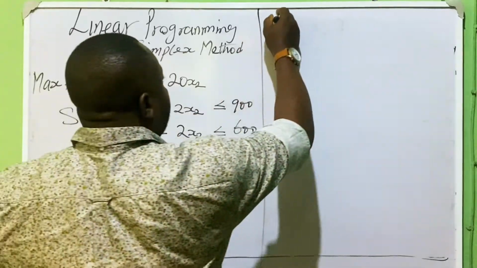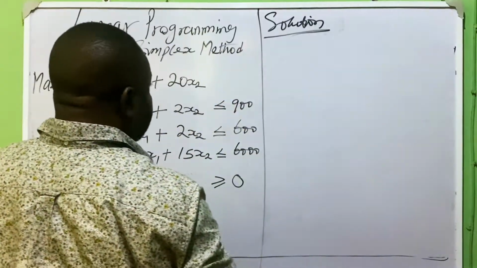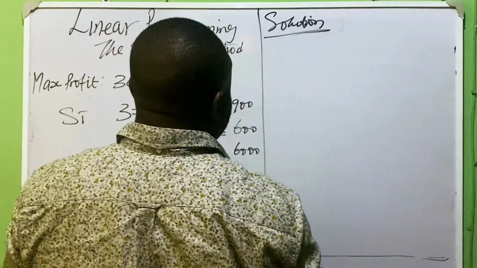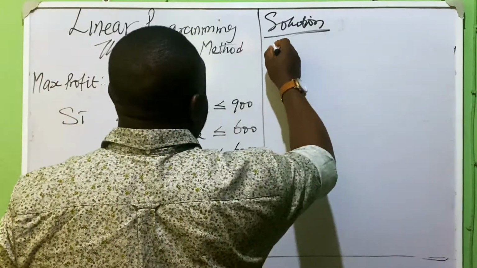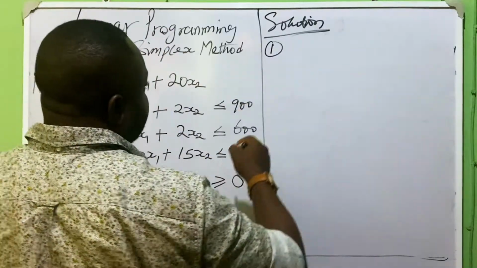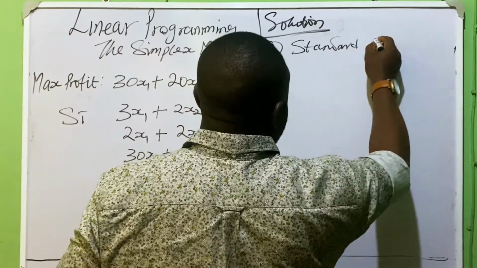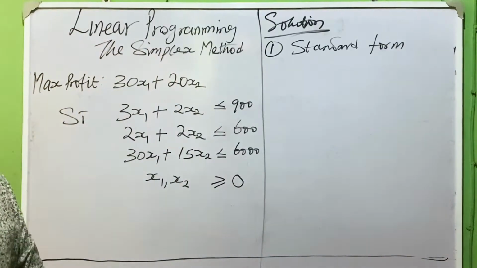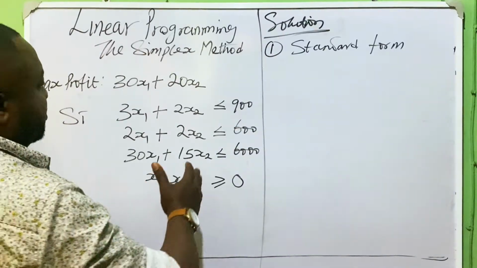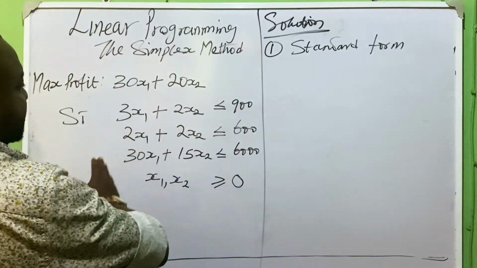What we mean by standardizing it, putting it in standard form, is just to find a way to create a balance between the right hand side and the left hand side.